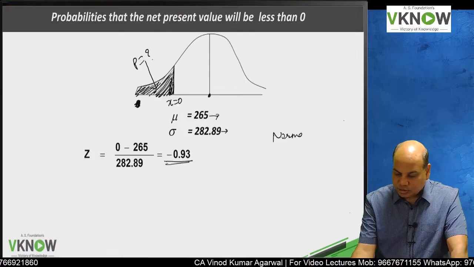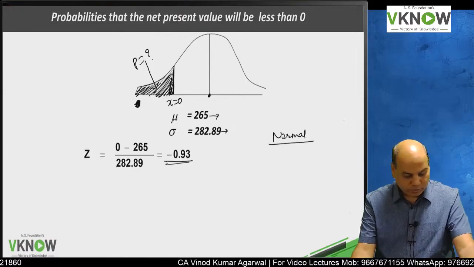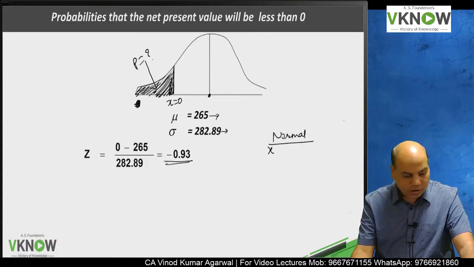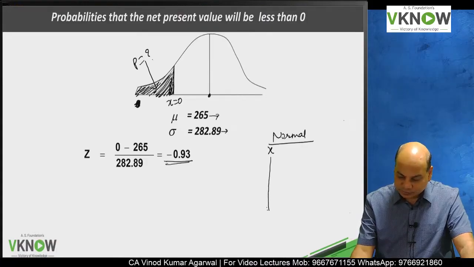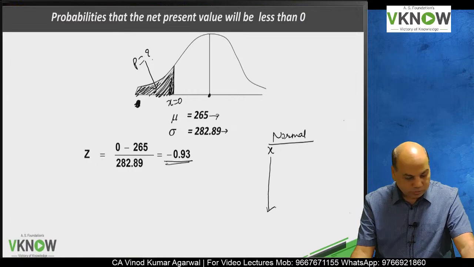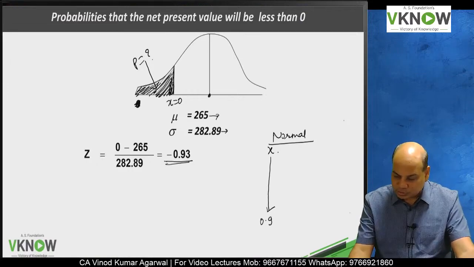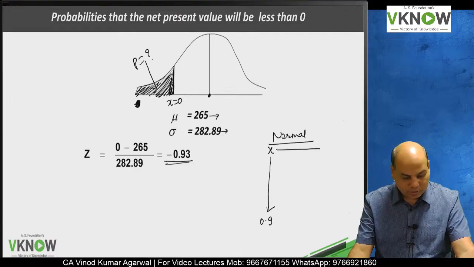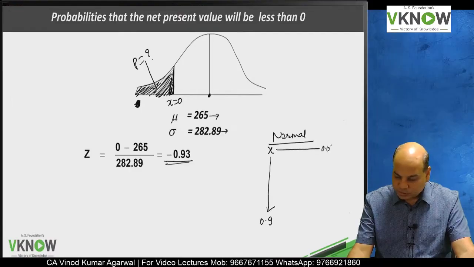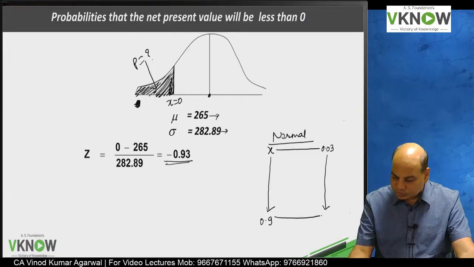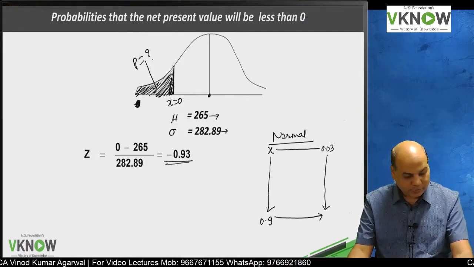In your book, towards the end of the book, normal table, first this column X is there. Come to 0.9 and then you come to 0.03 here. Find out the value for 0.93.